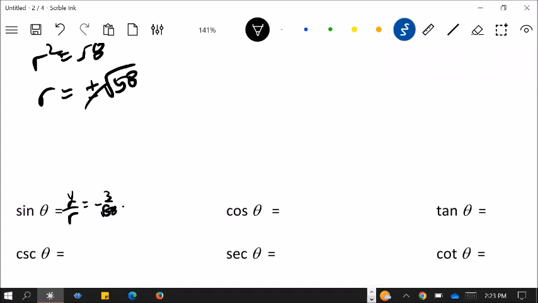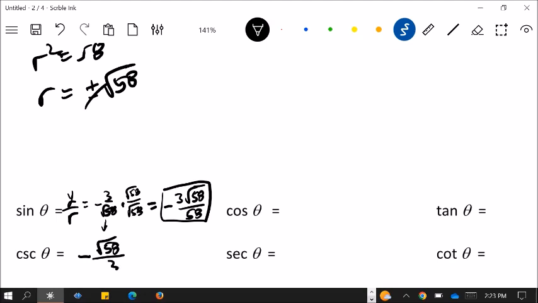Square root of 58 times square root of 58 over square root of 58. So my actual answer for this one is negative 3 root 58 over 58. This one I'll use for the reciprocal, to get negative square root of 58 over 3.